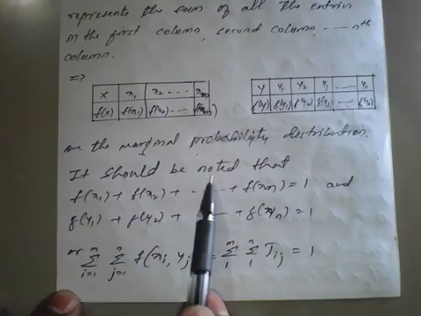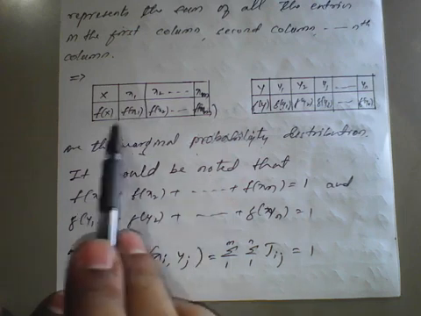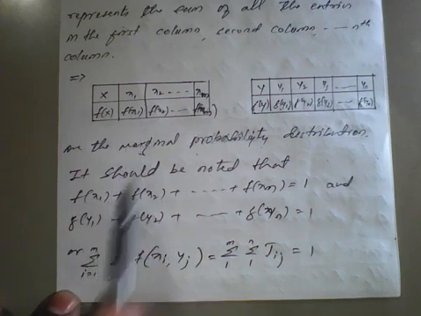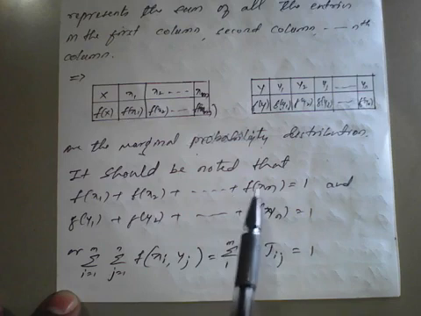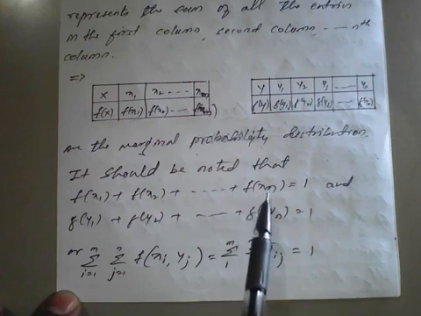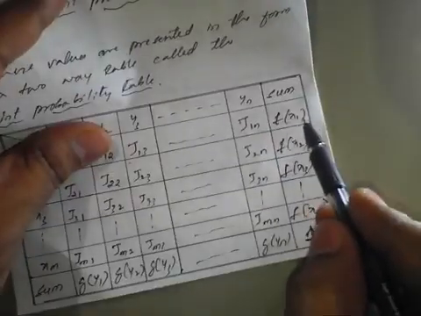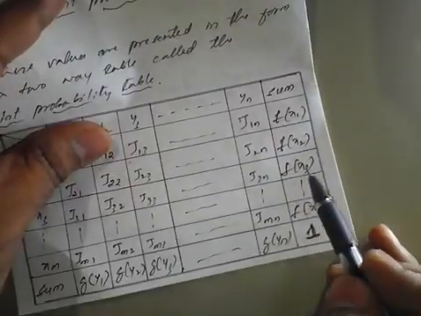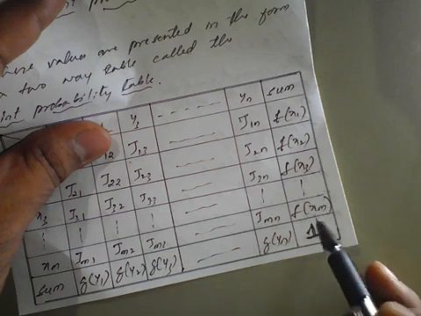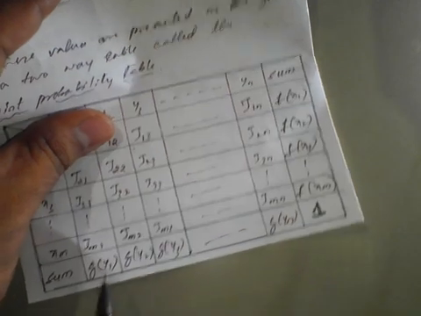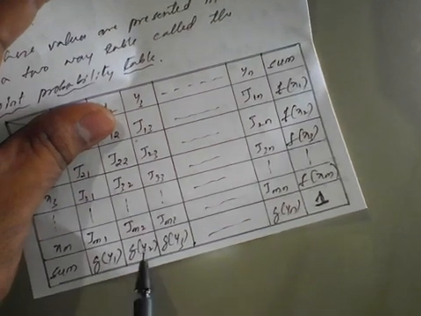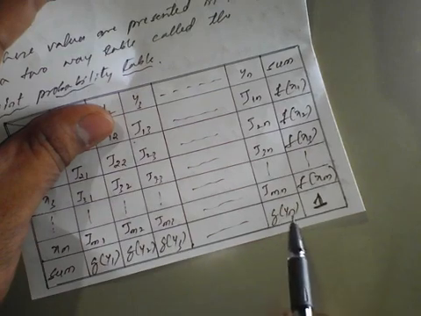It should be noted that f of x1 plus f of x2 plus and so on up to f of xm will always sum to 1. From the table you see that the addition of f of x1 plus f of x2 plus f of x3 plus f of x4 and so on up to f of xm should always be 1. Similarly the summation of g of y1, g of y2, g of y3 and so on up to g of yn should also be 1.